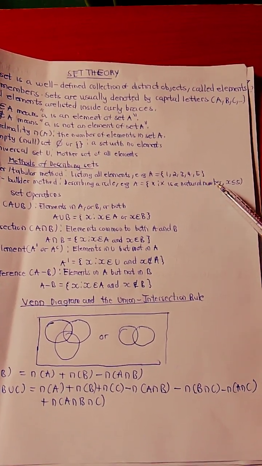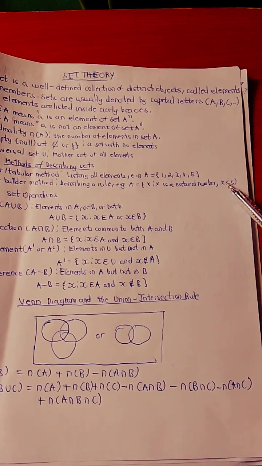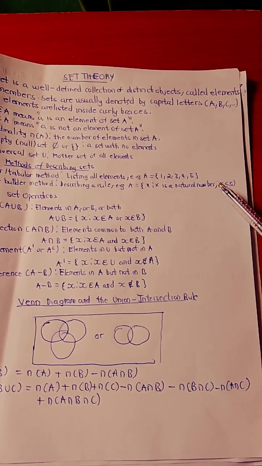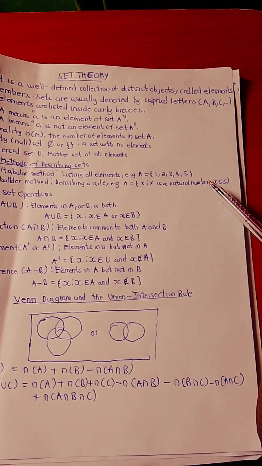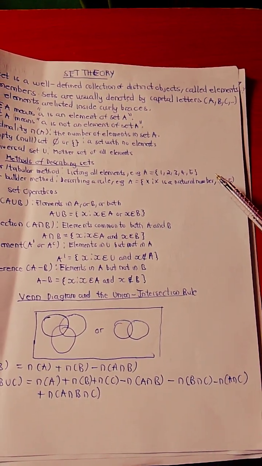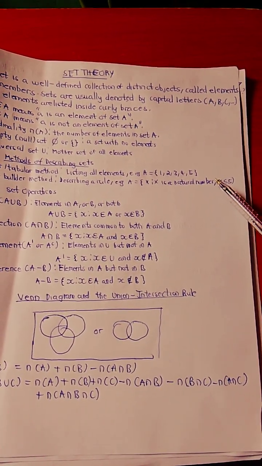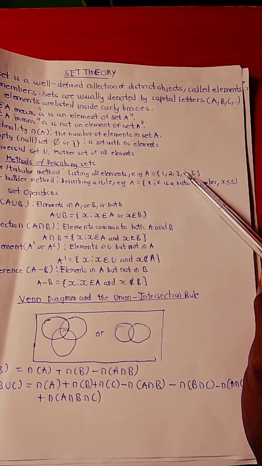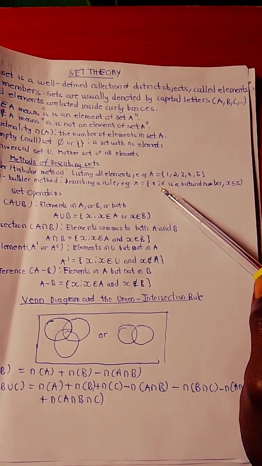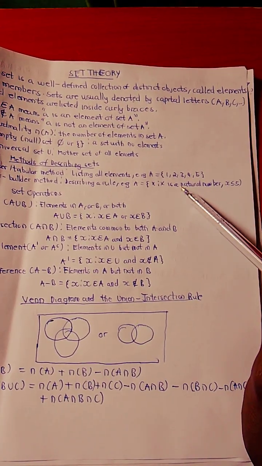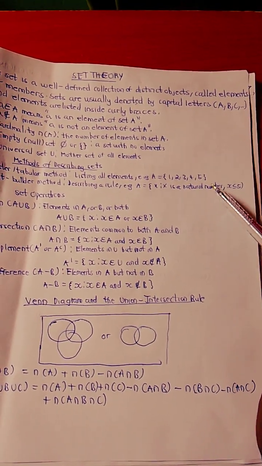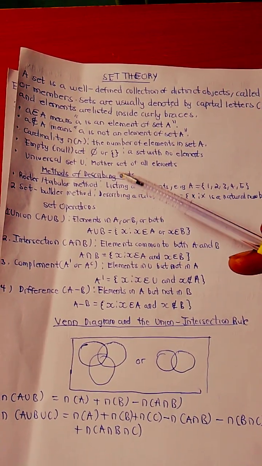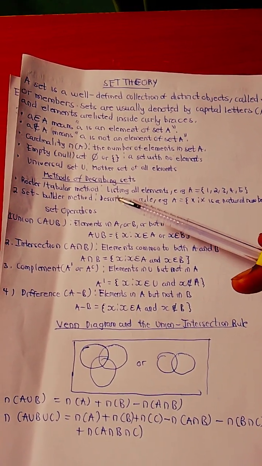So they said x is such that it is less than or equal to 5. So anything that is less than or equal to 5 starts from where? 1, 2, 3, 4, and 5. So you can see this particular thing also means the same thing that is here too. But this one has already compiled all these numbers as a natural number here. So we have known the difference between these two methods of describing sets.